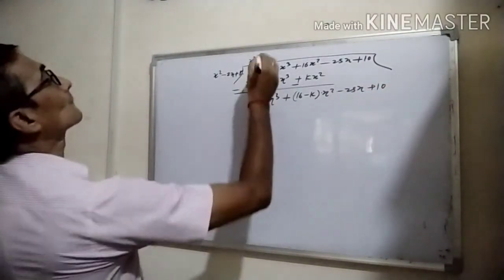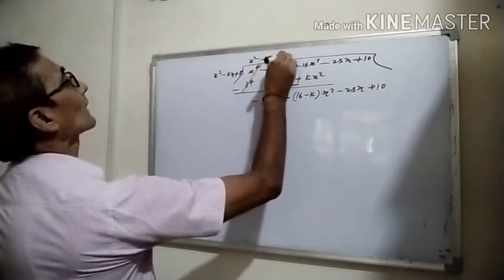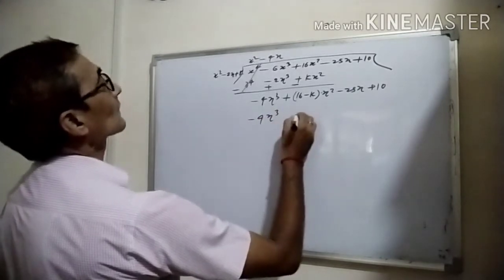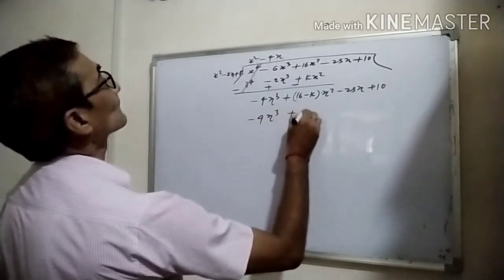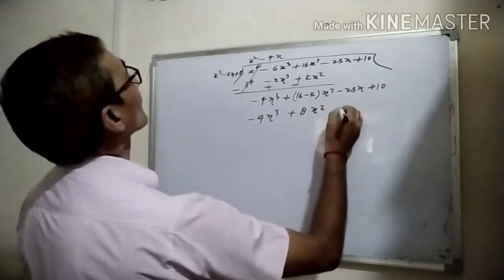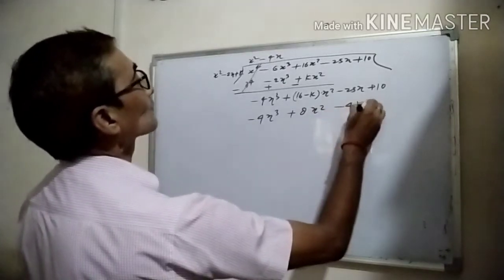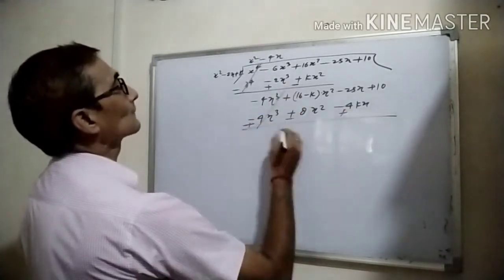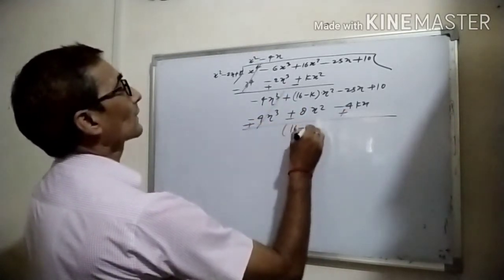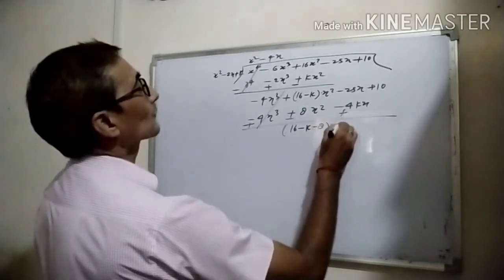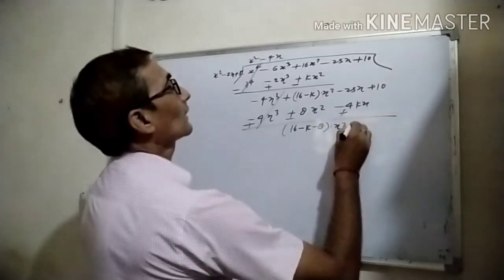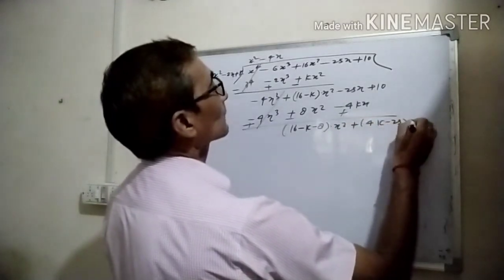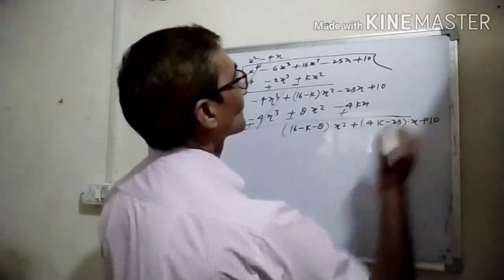Now again taking minus 4x, therefore minus 4x cube plus 8x square minus 4kx, and after subtracting you will get (16 minus k minus 8) into x square and plus (4k minus 25) into x plus 10.